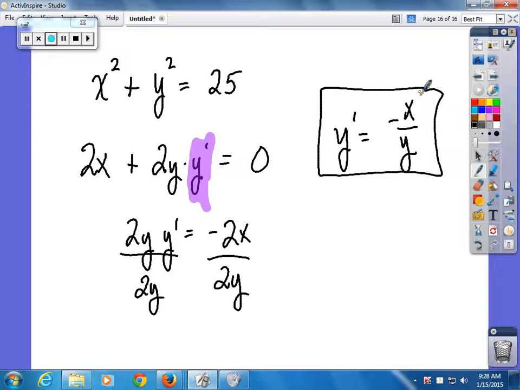That's how you do implicit differentiation. What is the most important part of implicit differentiation? Right there. That's the most important part. If you write the y in terms of y prime, then everything will be okay and you just go back to algebra.